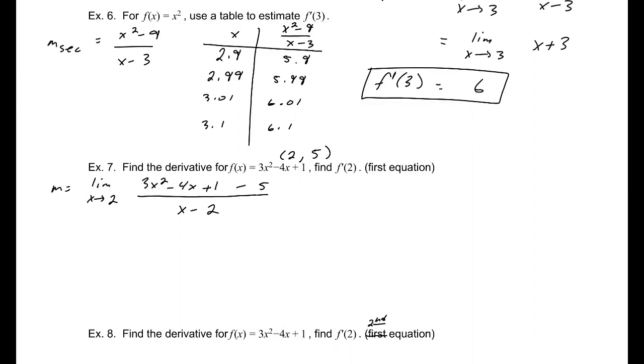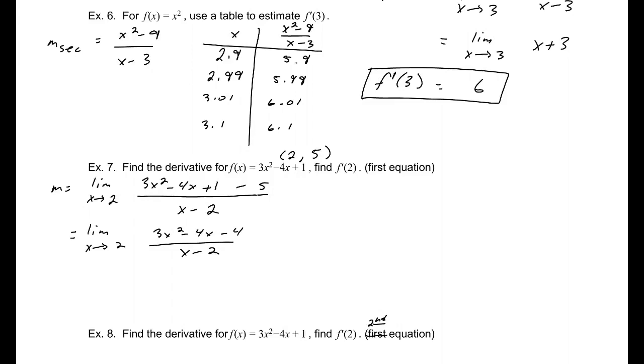Well, if we work on that, that's going to be a minus 4, so 3x squared minus 4x minus 4 divided by x minus 2. I'm going to take a stab at factoring that.